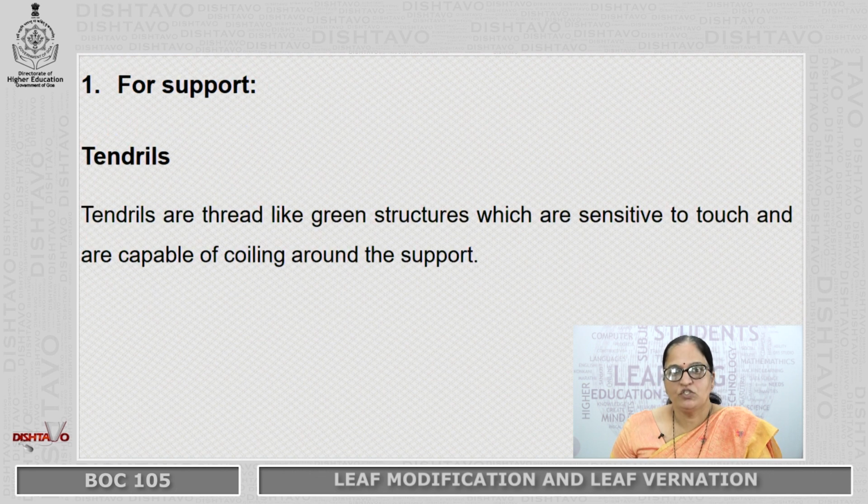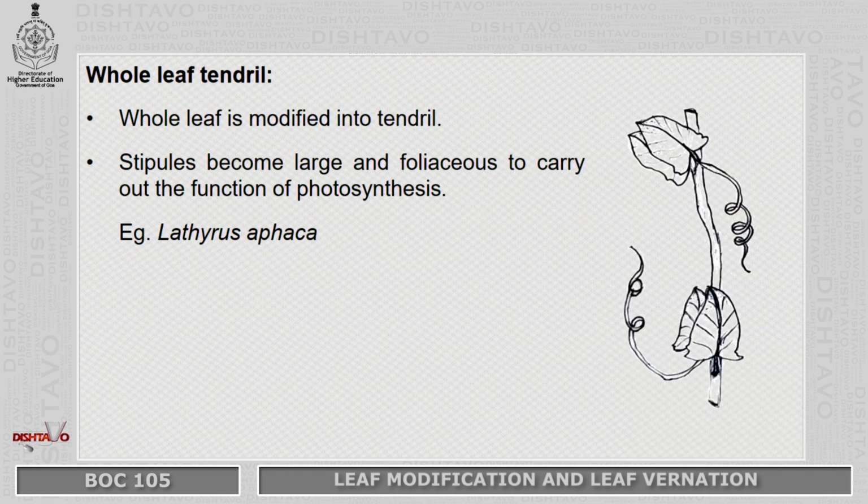Coming to each of them, the first one, as I said, is for support, and those organs are called tendrils. The tendrils are thread-like green structures which are sensitive to touch and are capable of coiling around the support.